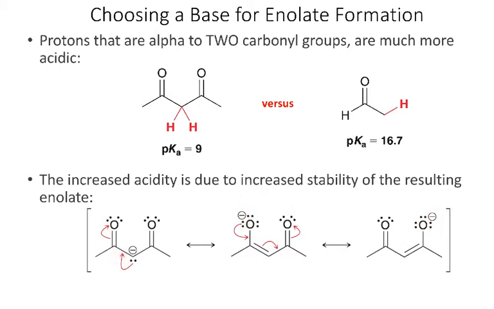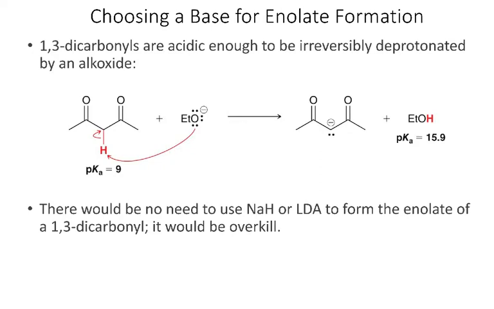Because this anion is particularly stable due to these two different resonance structures, this makes the conjugate base very stable, making the conjugate acid particularly acidic, and so I don't need a very strong base to deprotonate it. So unlike our ordinary aldehyde in our first examples, I could use sodium ethoxide to deprotonate this diketone.